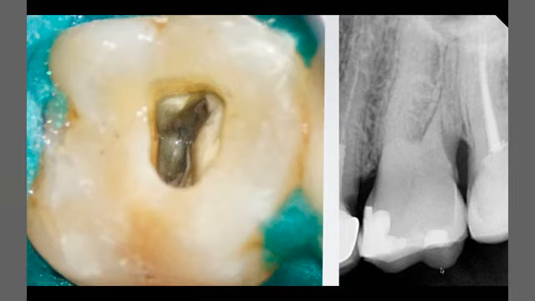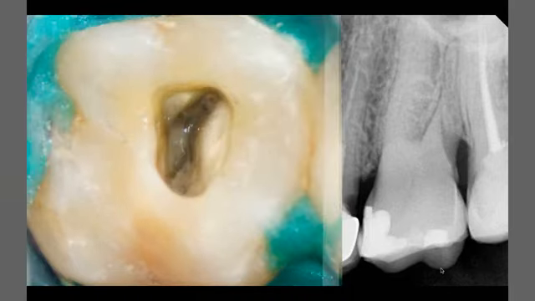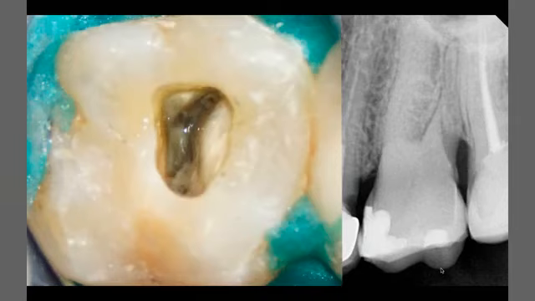So I have to remove the calcification again on the distobuccal and palatal, and then everything will be okay because the root canals are not calcified. The only calcified part of this tooth is the pulp chamber. So when we remove all the obstacles in the pulp chamber, we can proceed to the apex with the manual files 6, 8, 10, then enlarge the glide path, and complete our root canal treatment.